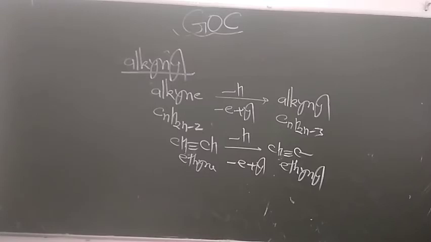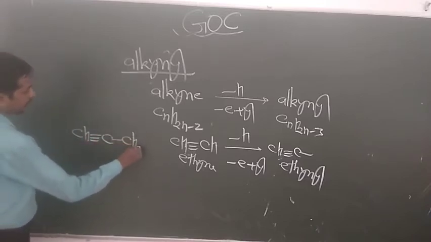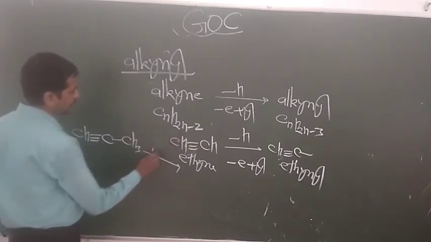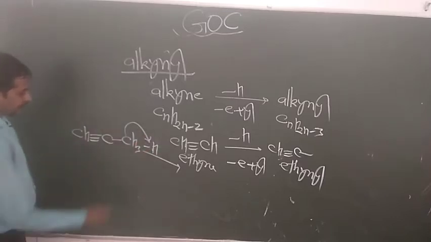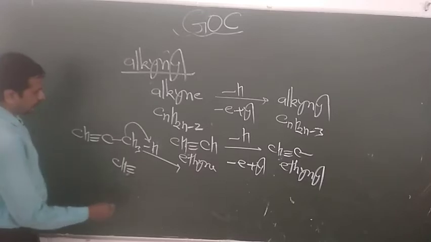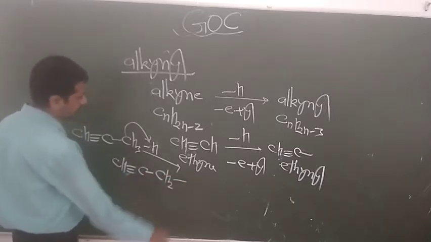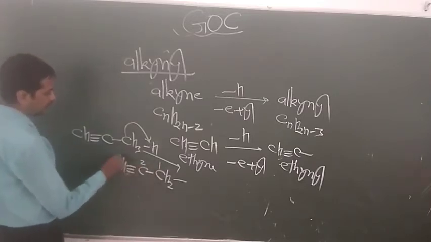Now one more group, let us focus. CH triple bond C, single bond CH3. Remove one H from this carbon. In that condition, this will generate CH triple bond C, single bond CH2 with one bond free. The numbering is written here, 1, 2, 3.